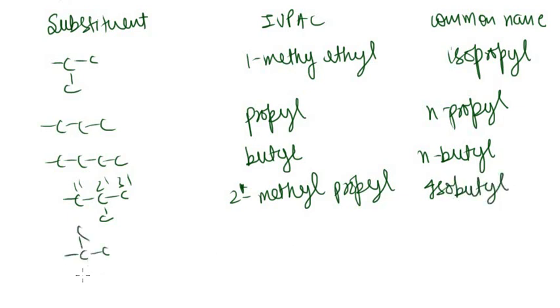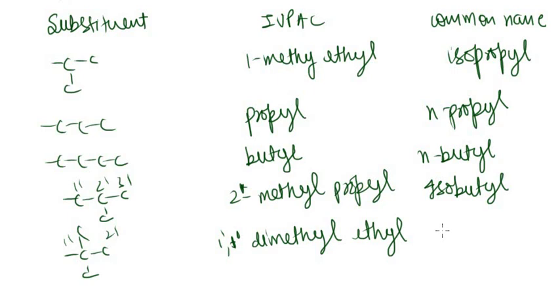Then for 1 dash, 1 comma 1 dash dimethyl ethyl, in the case of the common name it will be tertiary butyl.